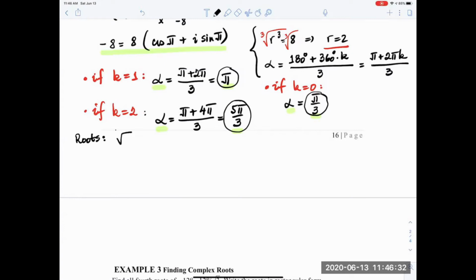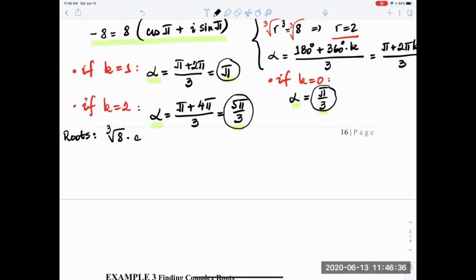So the roots are, root of order 3 of 8 times, let's put it in compact form, CIS of pi over 3. That was for k equals 0, right? And now root of 3 of 8 is 2. So you get 2 CIS of pi over 3, which you can elaborate a little bit more. So that becomes 2 parentheses. Now you use your unit circle.